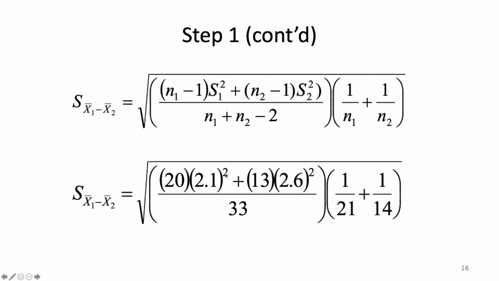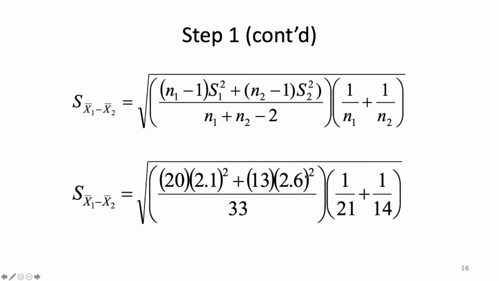The sample size for the subordinates is 14, so N sub 2 minus 1 is 13, times the standard deviation squared, which is the variance, s sub 2 squared, 2.6 squared, okay?